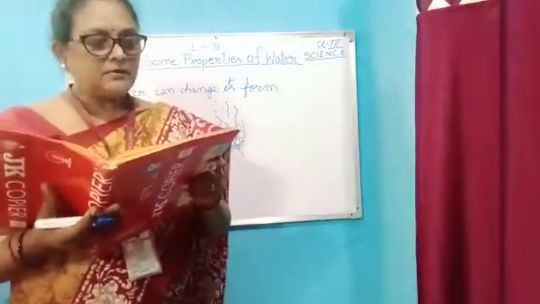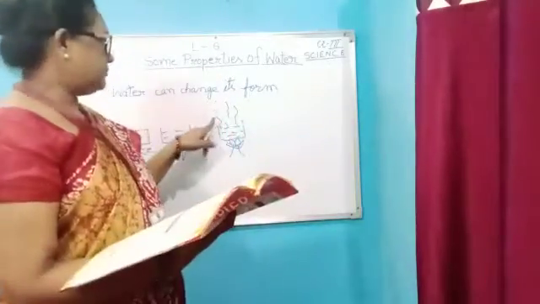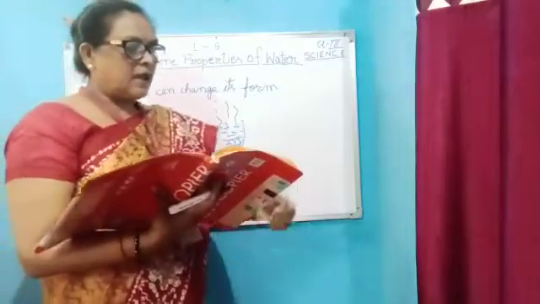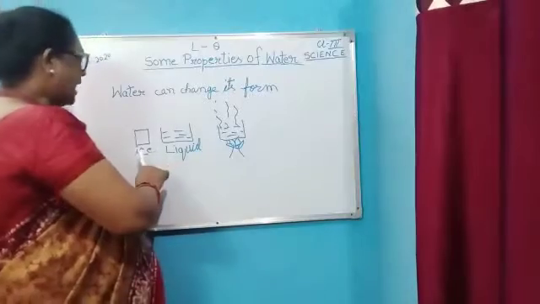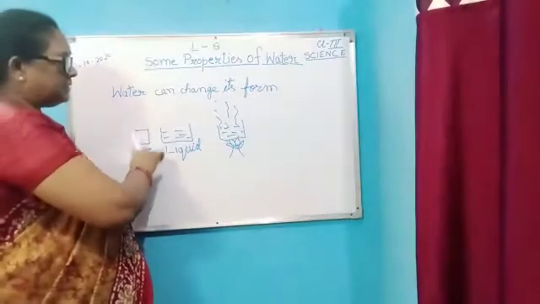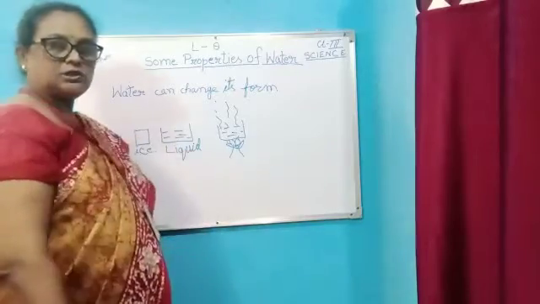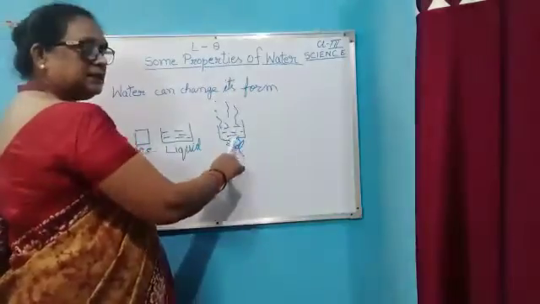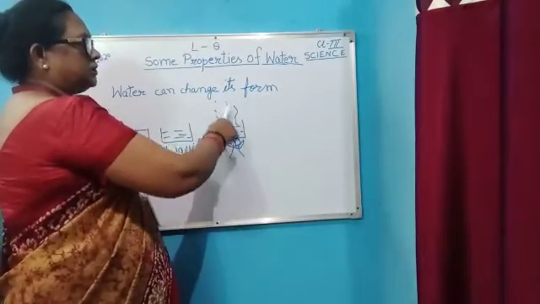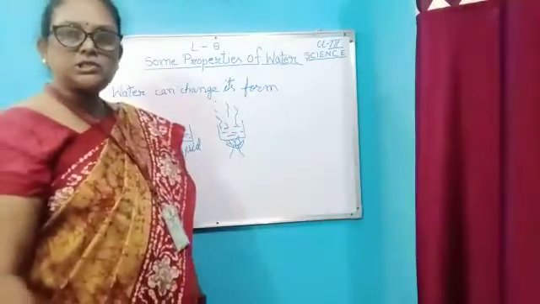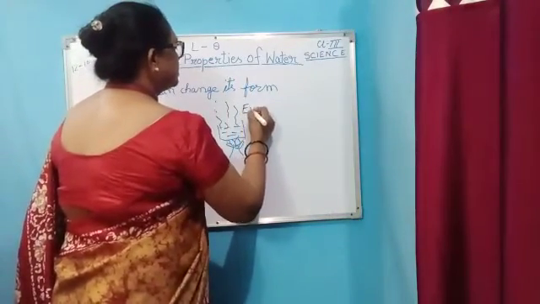That is, when liquid form water is heated, it changes into gas form of water, and this process is called evaporation. When an ice cube, that is solid, melts, it is called melting. It melts and changes into water. When water is heated, we give heat to the water, it changes into steam form, gaseous form. This process is called evaporation.